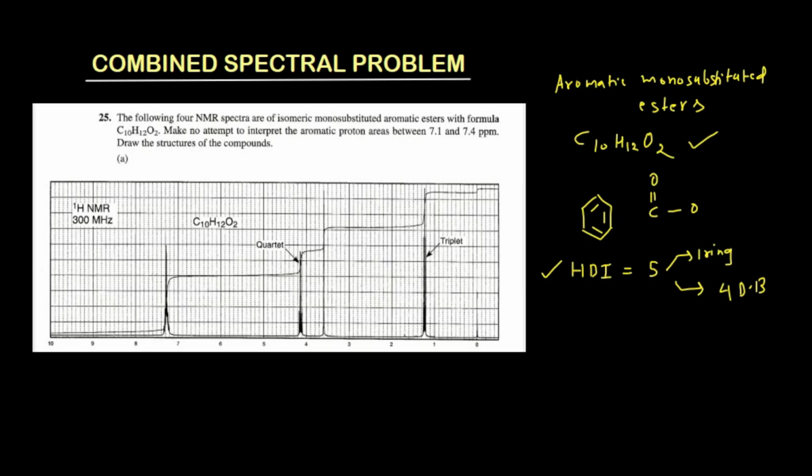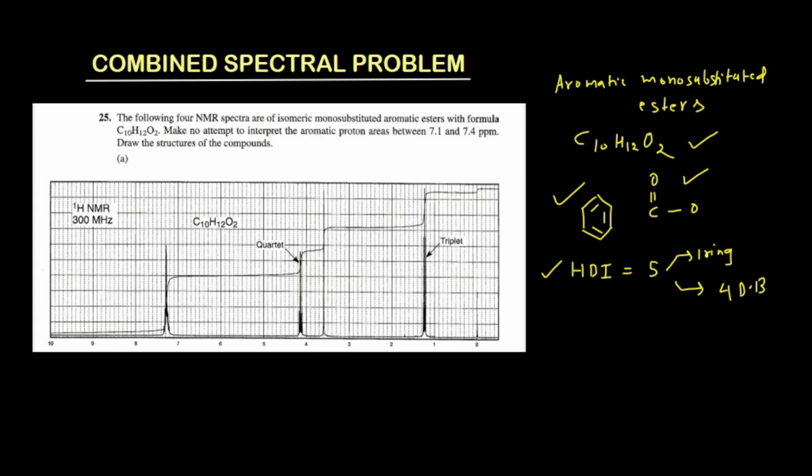If you want to, you can go to my previous lectures where I have discussed how we can calculate the hydrogen deficiency index. But in this example, there is no need because it is already given in the question. So only with the help of the proton NMR spectrum you can arrive at the correct structure of the molecule. Though I have written the combined spectral problem here, only the proton NMR data is given, and we will decide on the basis of the proton NMR only, right?